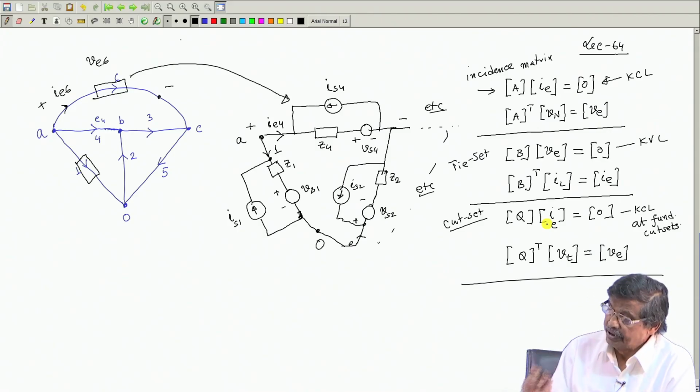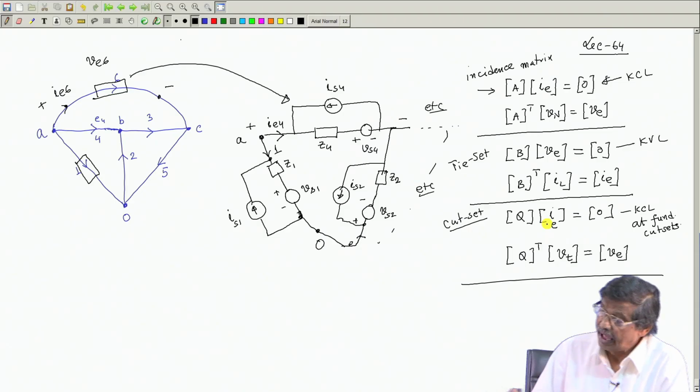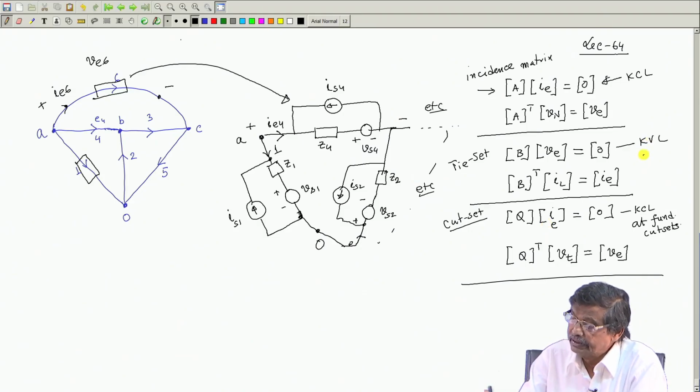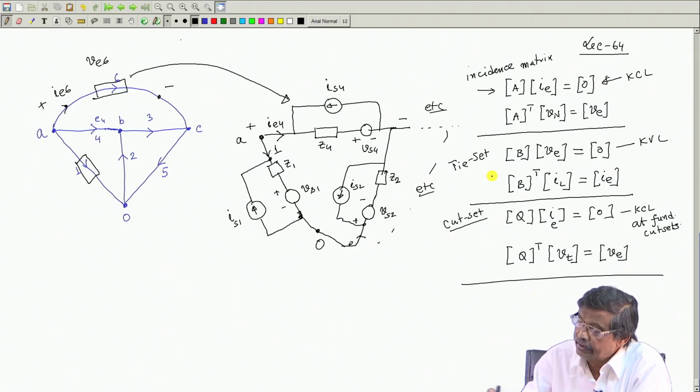Next point: this B matrix will come into the picture when you want to solve this circuit for the fundamental loop currents IL.